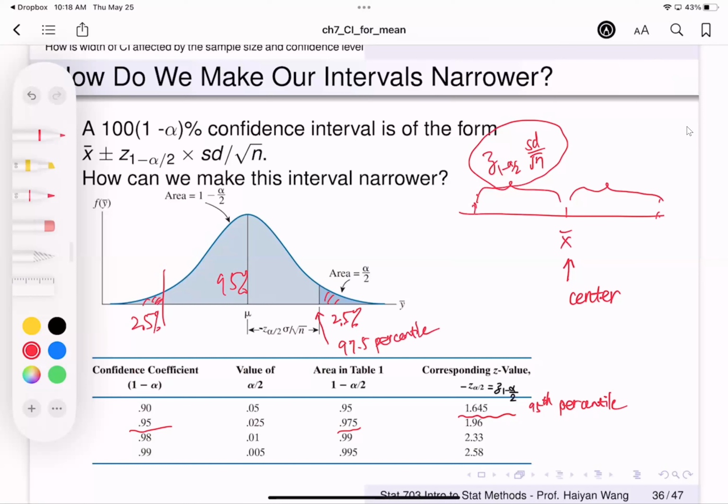That's the value, 1.96. So as we increase the confidence level, the normal percentile becomes larger and larger.